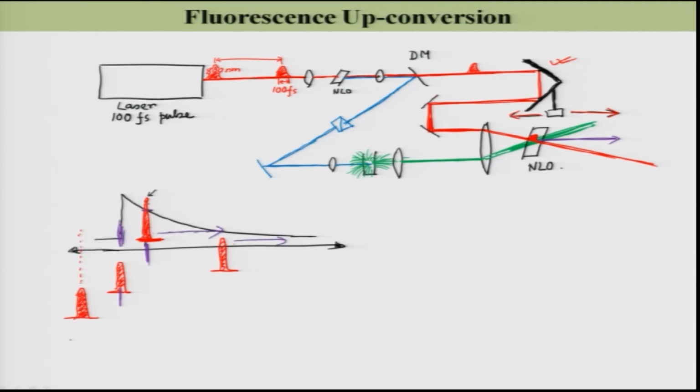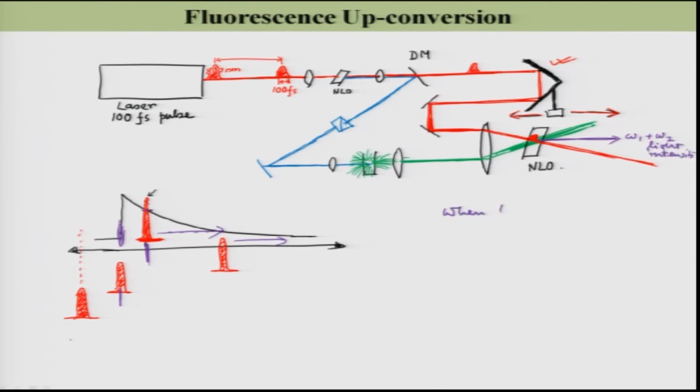That means, by scanning the position of this 800 nanometer pulse throughout this fluorescence decay, what can I do? I can measure this omega 1 plus omega 2 light intensity.